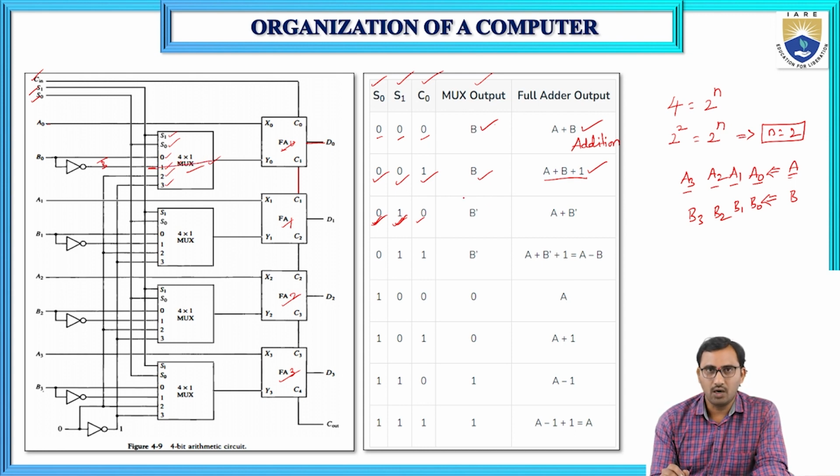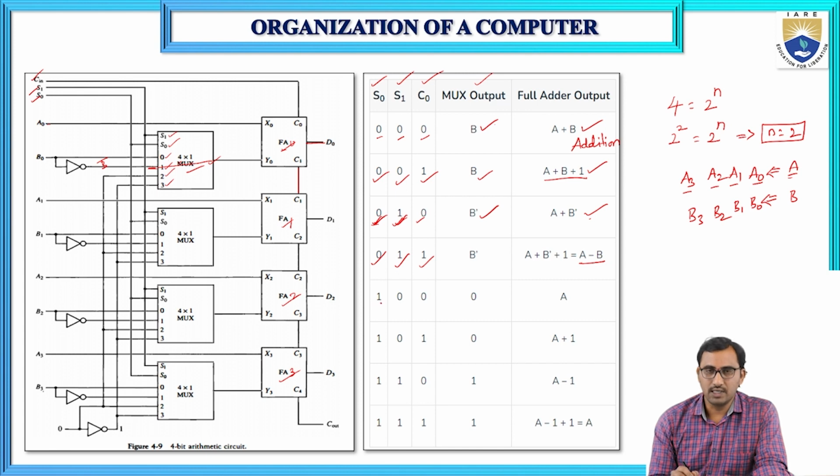That's why the output of the multiplexer will be B bar. So when the selection lines are 0 1, it performs A plus B bar, that means subtraction with borrow. And in the next case 0 1 1, if we assume the input carry is 1, then it performs the subtraction A minus B.